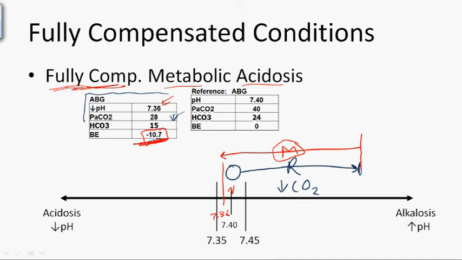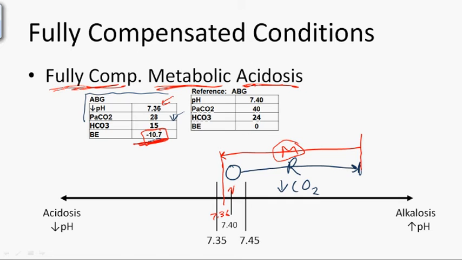Now you notice the metabolic vector is ever so slightly, I'm still on that acidotic side a little tiny bit, in the normal range, but a little off. And so I'm going to primarily make this a metabolic acidosis. Now when they're in total balance like this, it can be very difficult to tell.